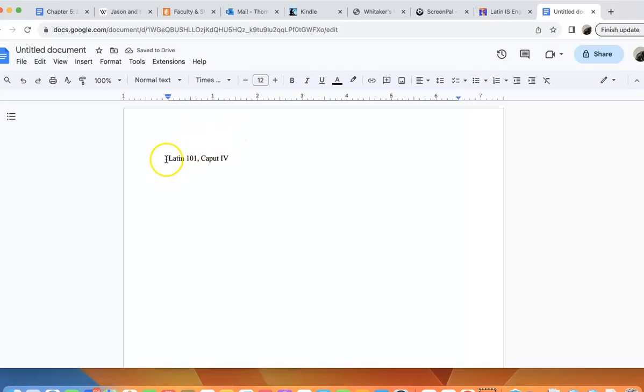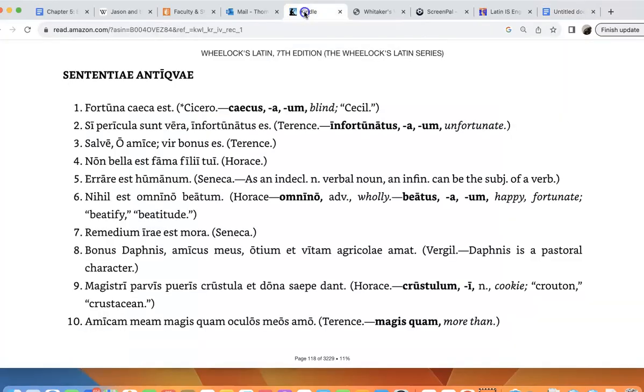Okay, so, and make that a little bit larger. All right, so that way we can have a written record of what we're doing here.